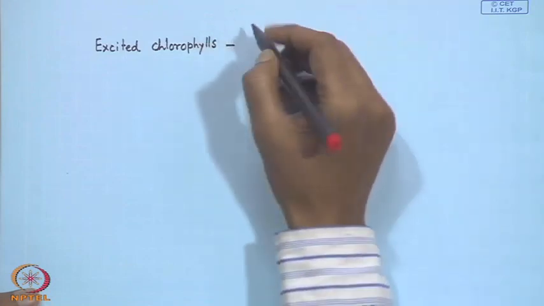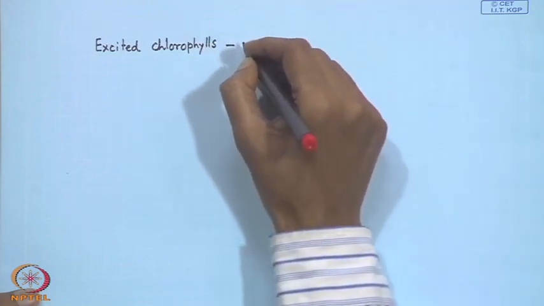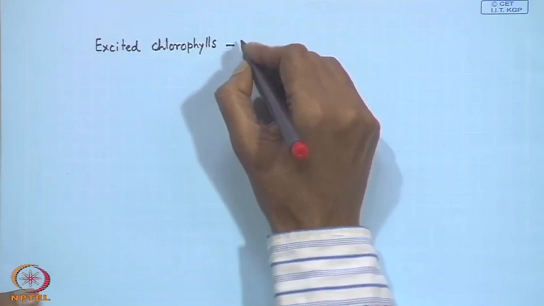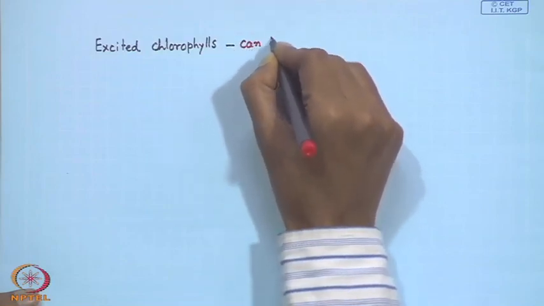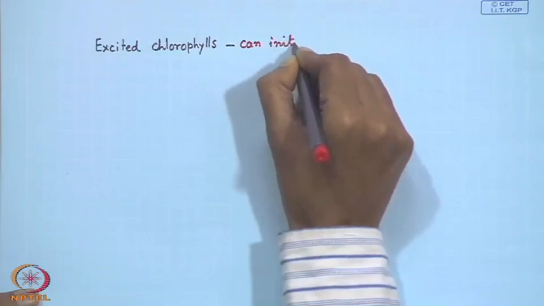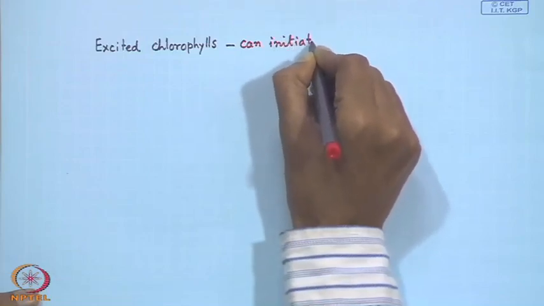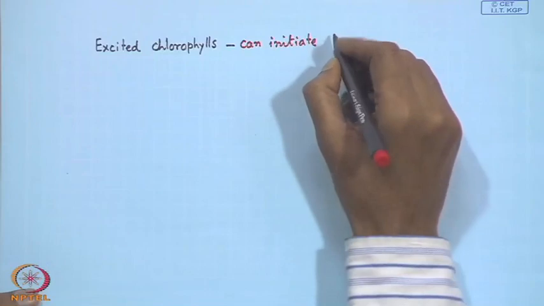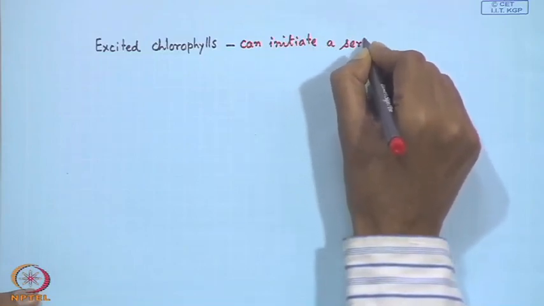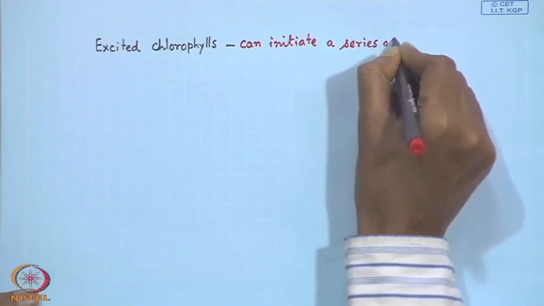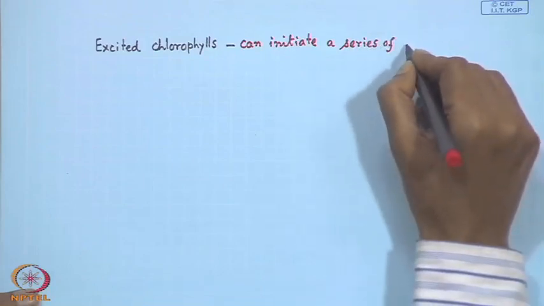And those excited chlorophylls are responsible for those electron transfer transitions, and therefore these excited chlorophylls can initiate a series of redox reactions.